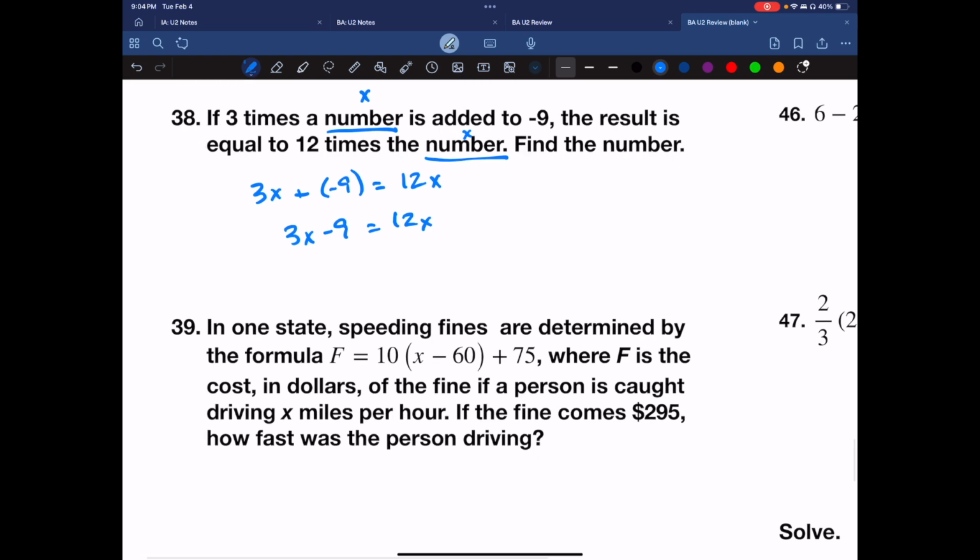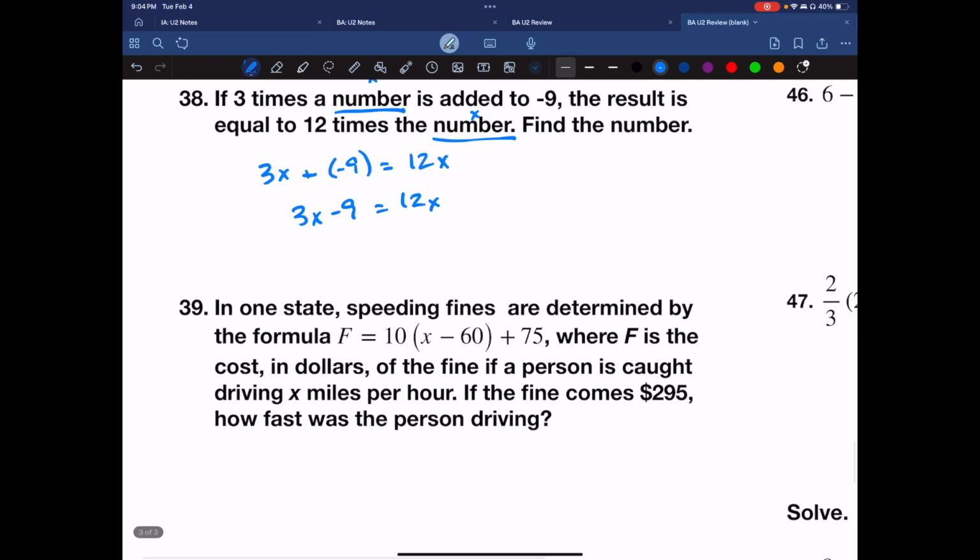So you could write it like that and then write it as 3x minus 9. Either way, I'm going to move the 3x here. My subtraction is going to be negative 9 equals 9x. And so when I divide, I'm going to be left with x equals negative 1.